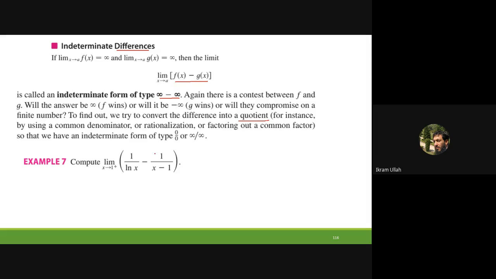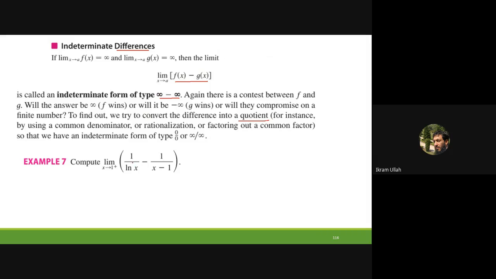For example, compute the limit as x approaches 1 of 1 over ln of x minus 1 over x minus 1.